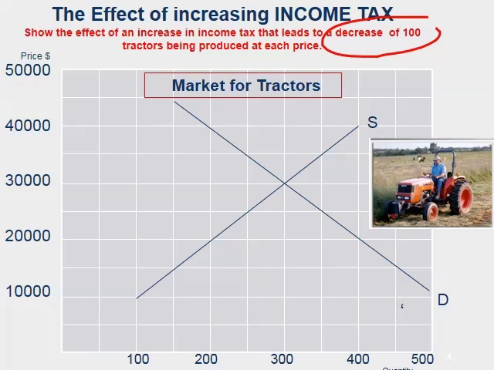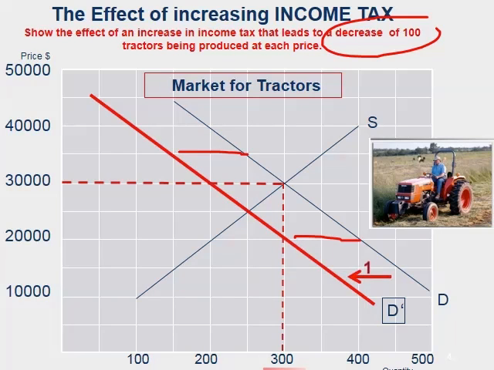So we know the demand curve is going to shift this way by 100 units. And we can take it at any price, it's going to shift left. So from our original price of 30, 300 units, we're producing 100 less. So we can draw a new demand curve like that.